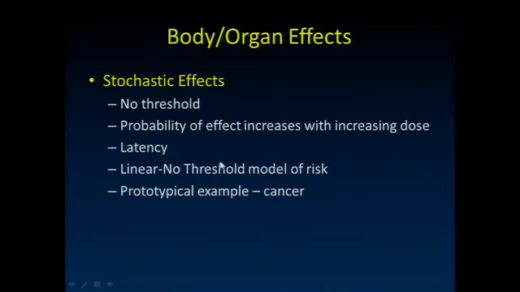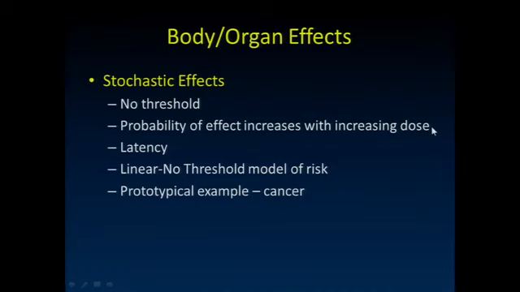So now let's talk a little bit about the stochastic effects. With stochastic effects, we don't think there's a threshold, right? So a single X-ray, just a single photon, may unfortunately damage something that results in someone getting a cancer. So the probability of the effect increases with increasing dose.